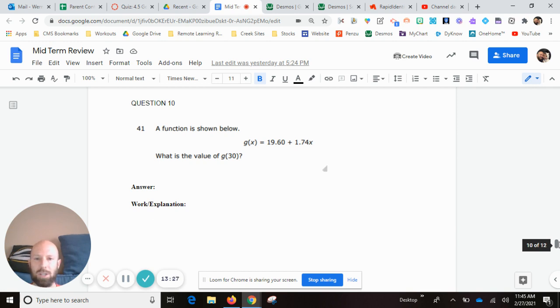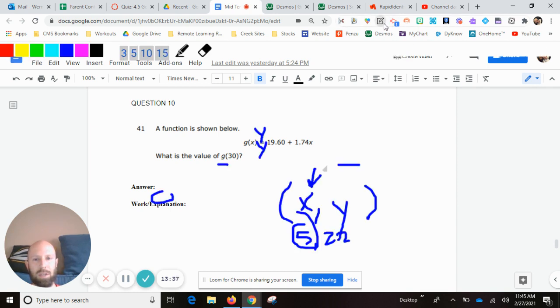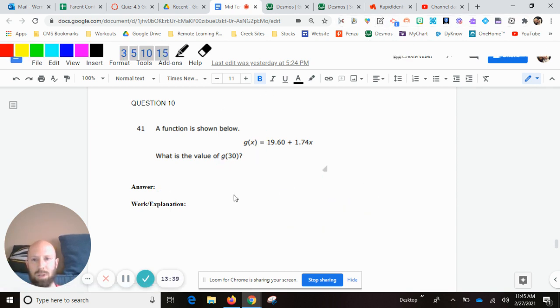Question 10, a function is shown below. G of x equals 19.60 plus 1.74x. What is the value of g of 30? So all we're doing for this one is plugging a 30 in for the x. Let's hop on the calculator.